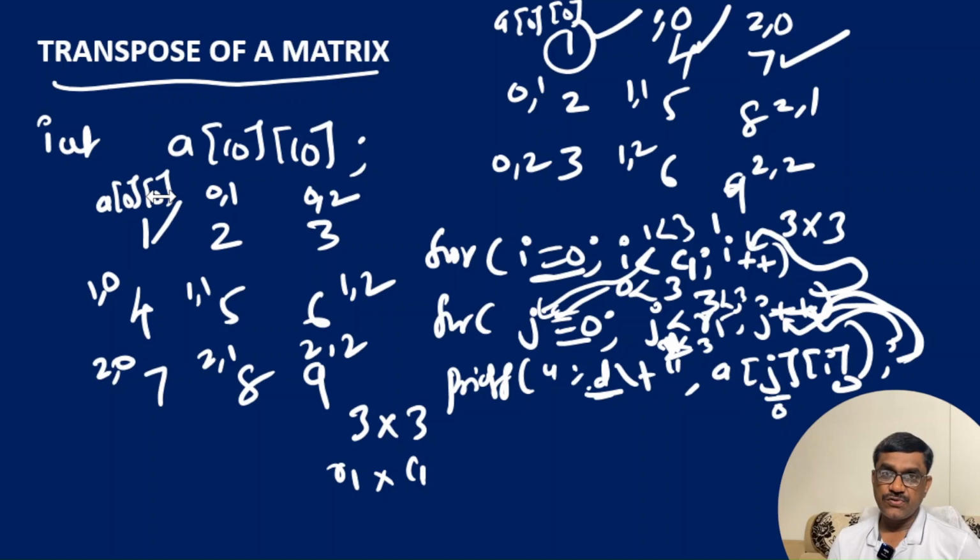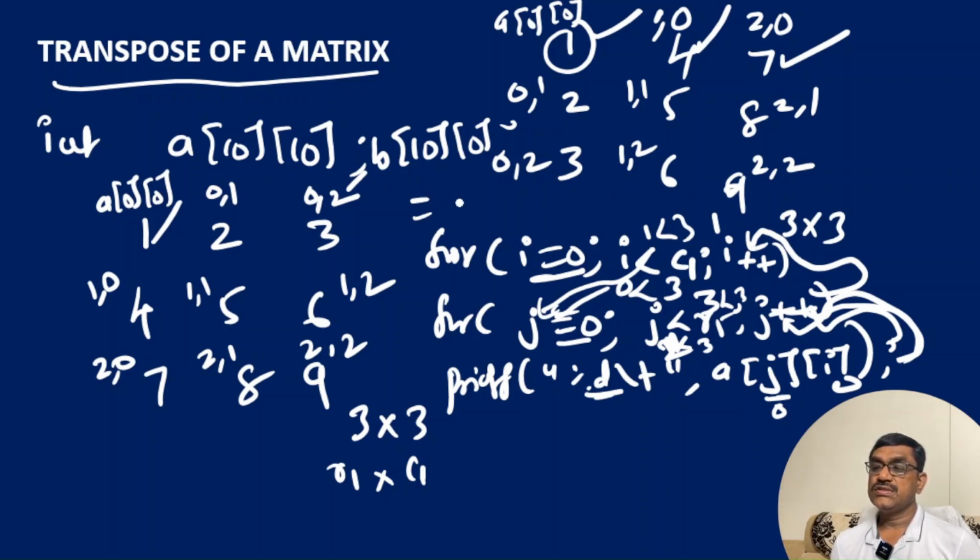In the second method, you can take an extra matrix, not only a, you take another temporary matrix b of 10 by 10, and you store the column values into rows. You have to store a of ji in b of ij, and we are going to print the elements of b separately.